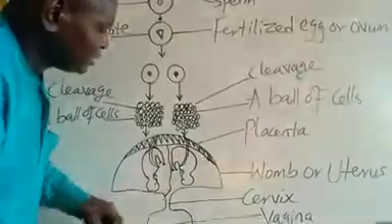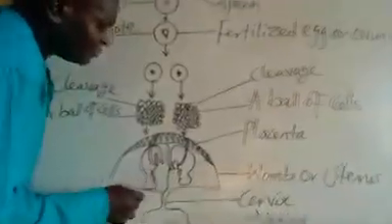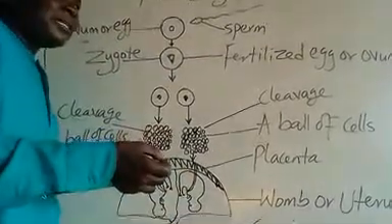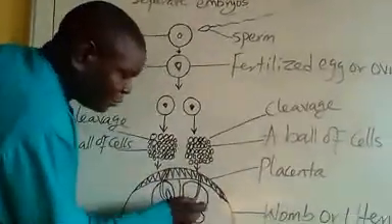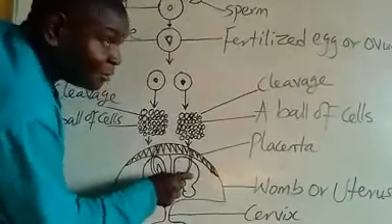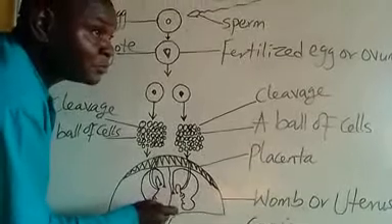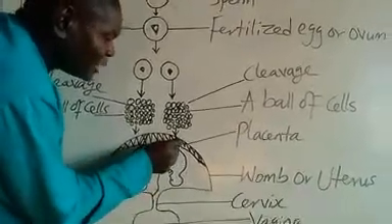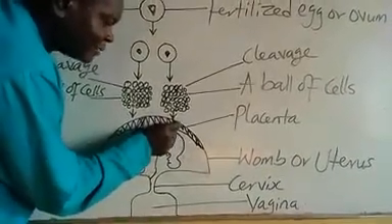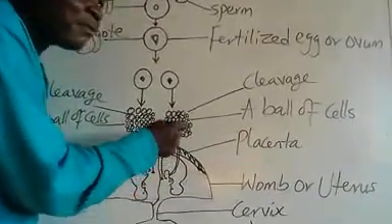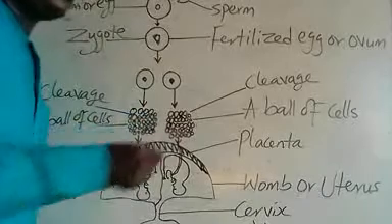The same umbilical cord carries waste products from the baby's blood, from the fetal blood, down to the placenta. The placenta has a link with the maternal bloodstream.